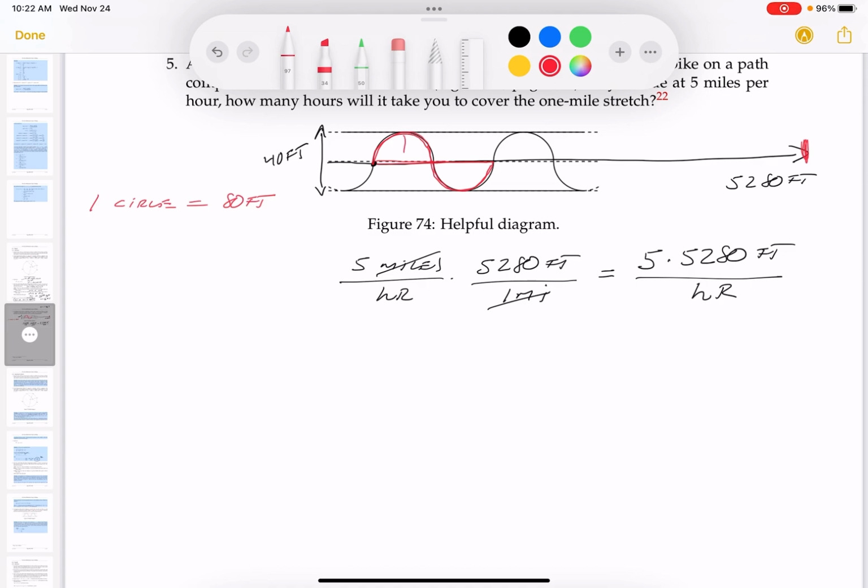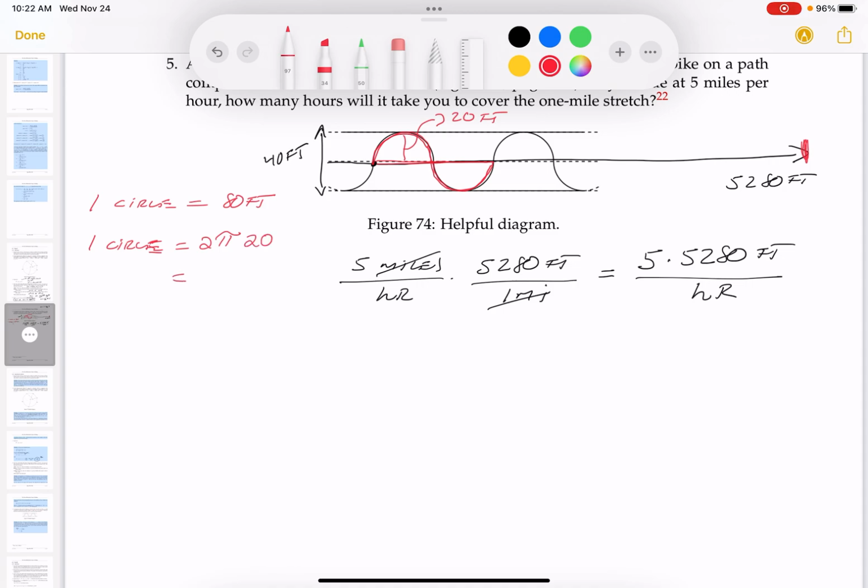And the circumference of that circle, its radius would be 20, right? 20 feet. So one circle is actually equal to 2 pi r, and the r is 20.